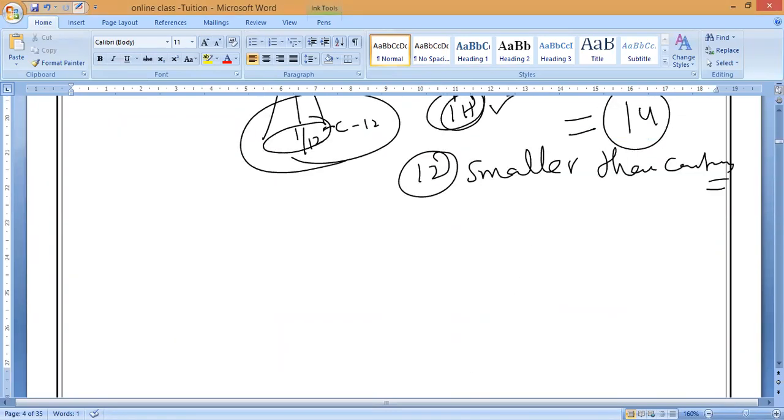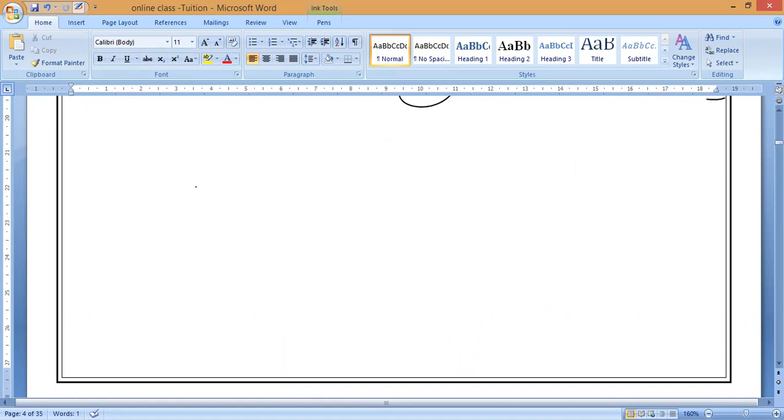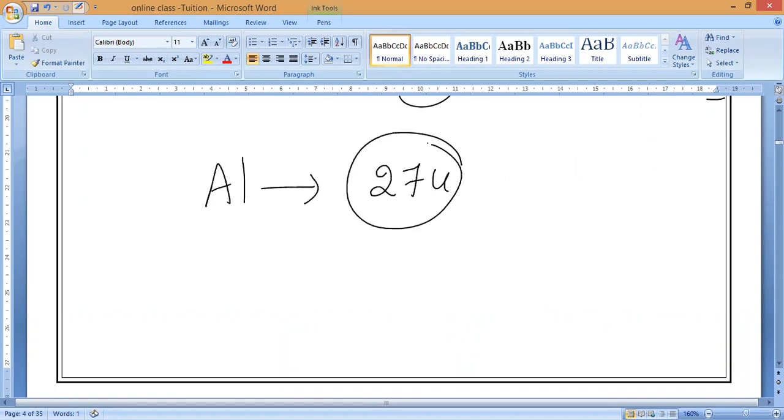Now, for example, let me see who will say. What is the atomic mass of aluminum? Atomic mass of aluminum is 27 u. So it means it is how many times heavier or smaller than 1/12 of carbon 12 atoms?